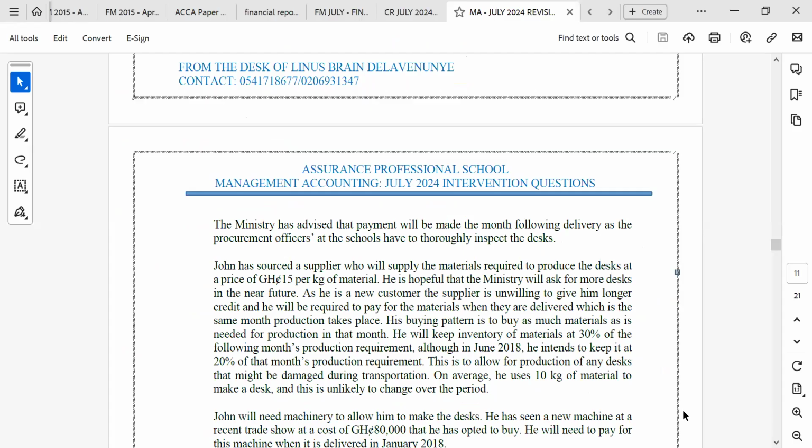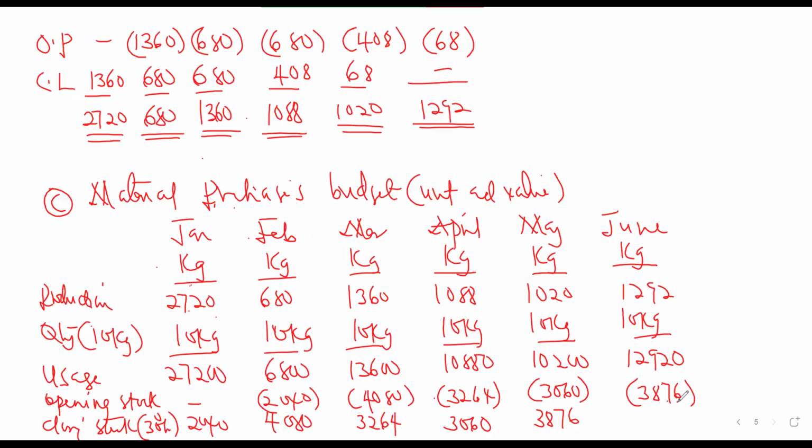He intends to keep it at 20% of that month's production requirement. So that particular one will be 20% of the June one again. Okay, how much are we getting? 2584. Okay, so let's put all of them together.